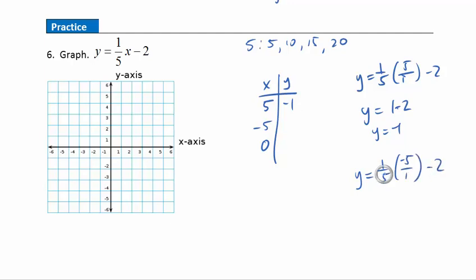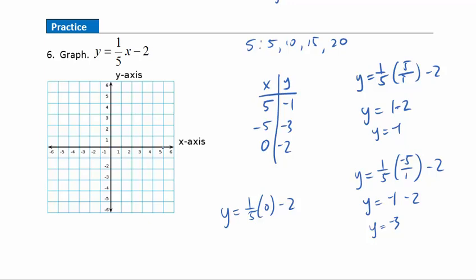And let's see, 1/5 times negative 5 over 1, well, that's going to give us negative 1. And so negative 1 minus negative 2 is going to give us negative 3. Last one here, y equals 1/5 times 0 minus 2. Well, this is going to be nice because 1/5 times 0 is 0. 0 minus 2 is negative 2. And there are my 3 points.